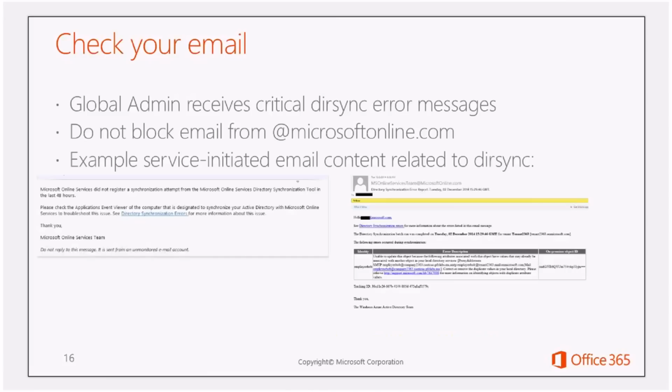And so this is one useful way that will proactively email you if, for example, you don't realize that DirSync has stopped working due to a password expiry. Such an email will clue you into the fact that DirSync isn't replicating, so that you can investigate further.